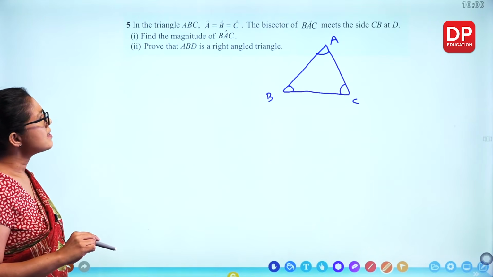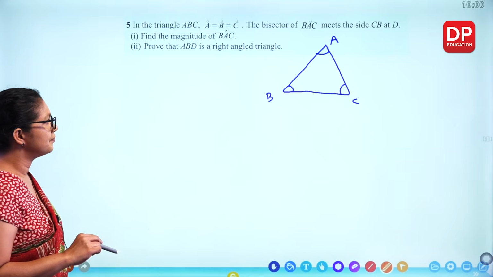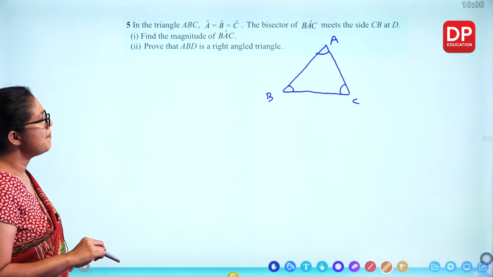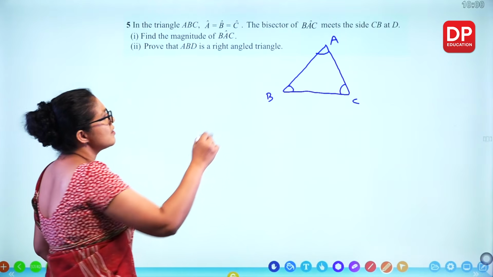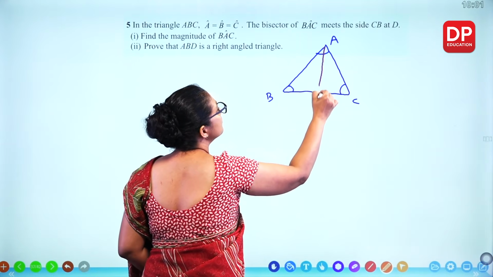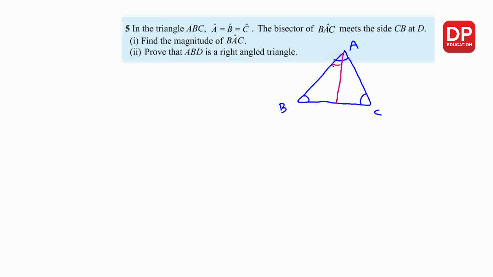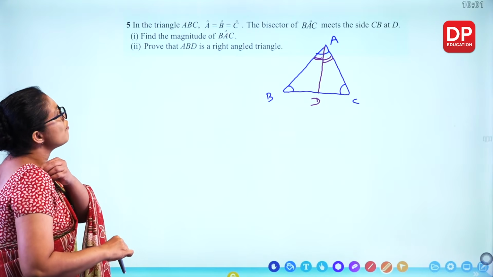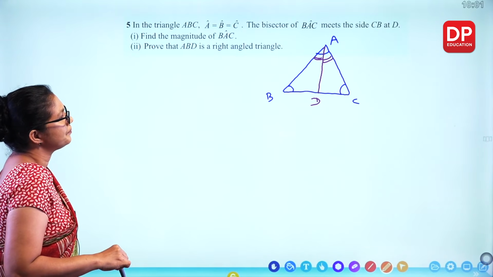The bisector of BAC meets the side CB at D. So when I draw the bisector, this angle is, it meets BC at D. Find the magnitude of BAC.